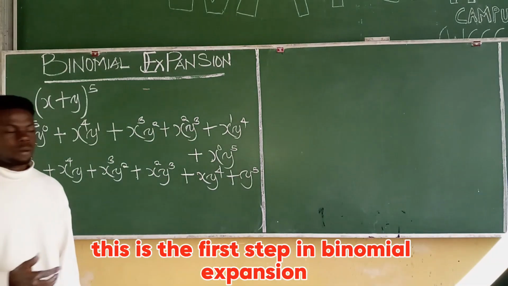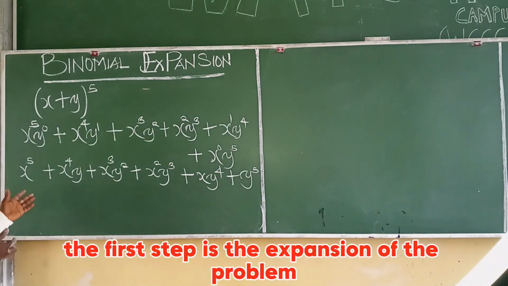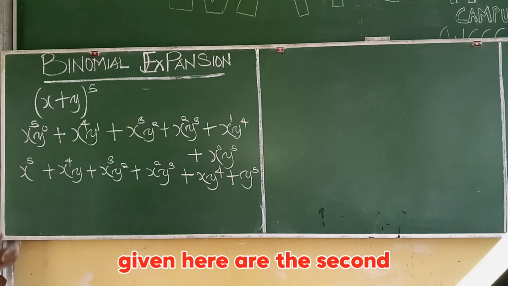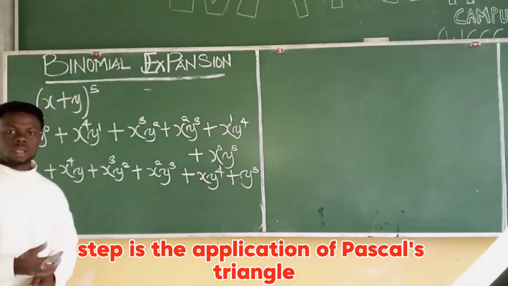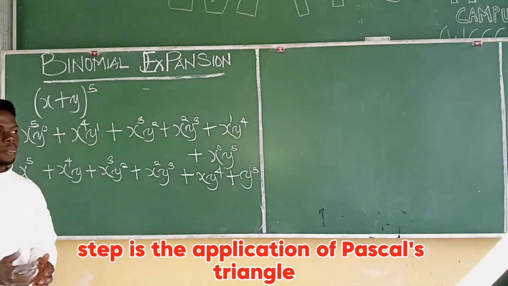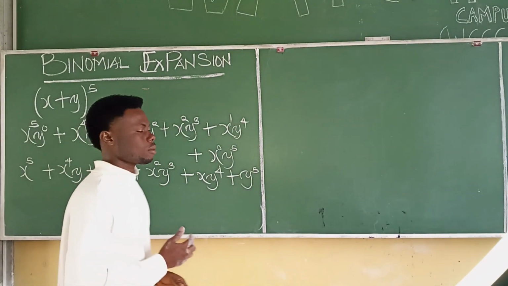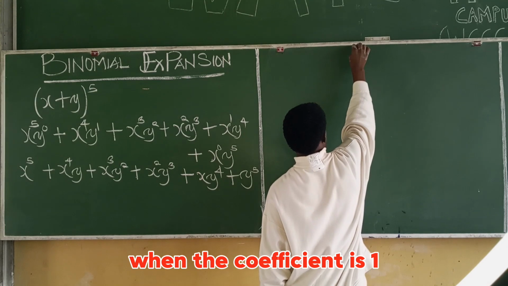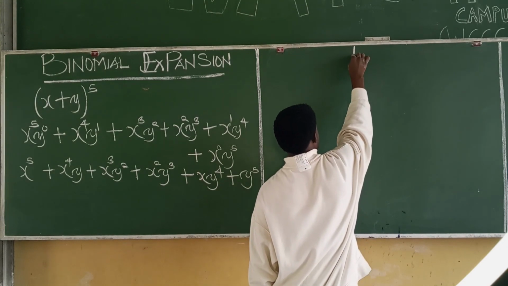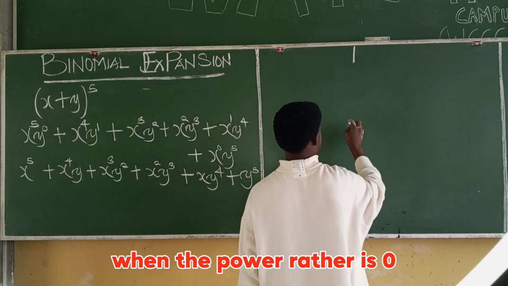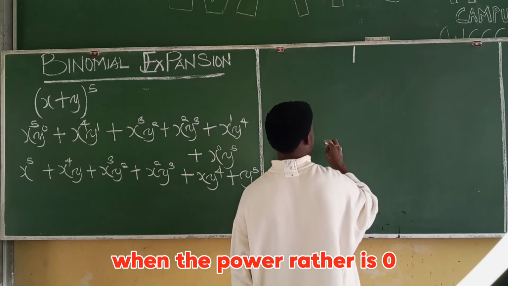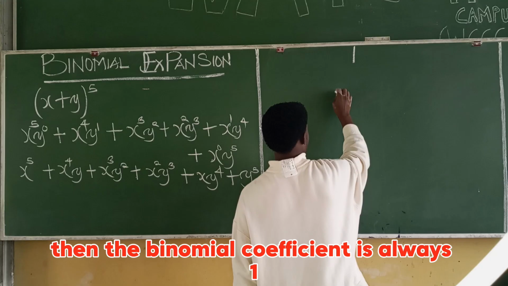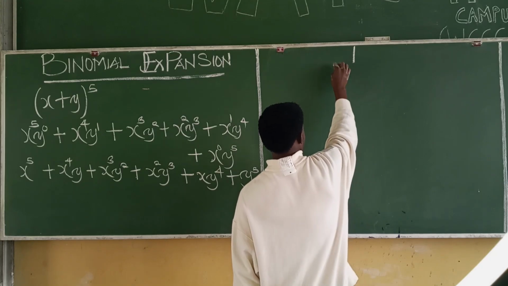In binomial expansion, the first step is the expansion of the problem given, whereas the second step is the application of Pascal's triangle. In Pascal's triangle, when the power is 0, the binomial coefficient is always 1.